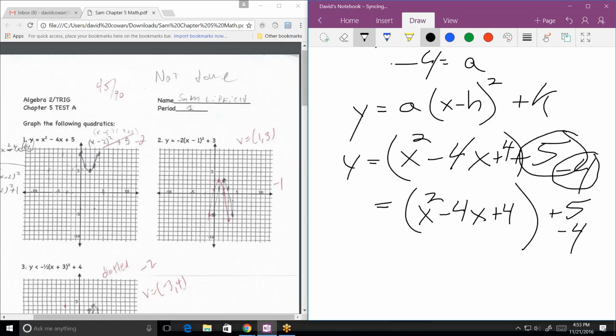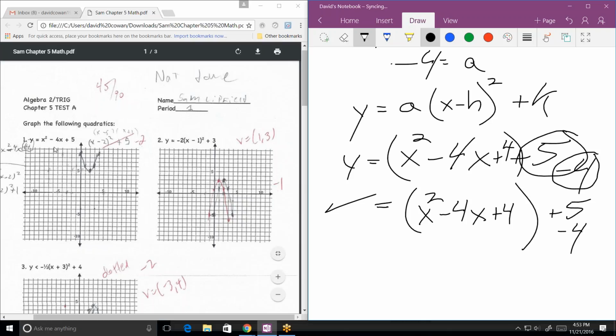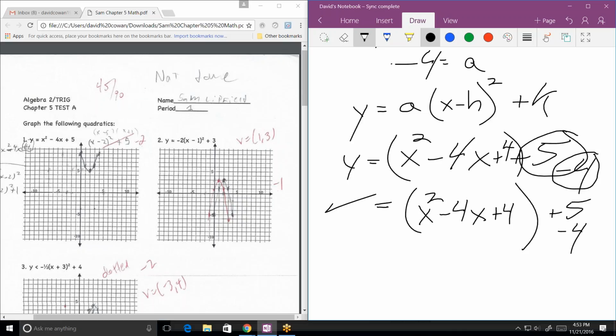Correct. In other words, this bottom line right there that I put a check mark, that's the same as the equation they gave us. And that's what we want. We want it to be exactly the same. If it's different, we've made a mistake. I'm not changing the equation. All I'm doing is writing it in a different form, and I'm trying to write it in vertex format.